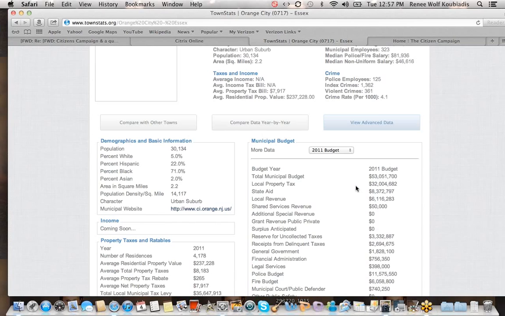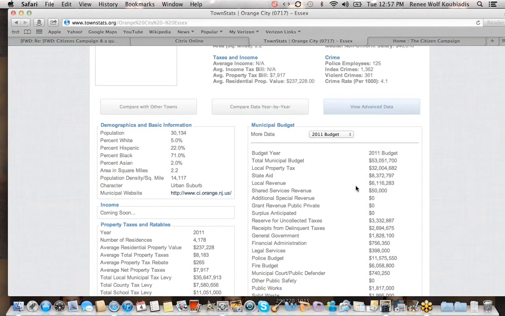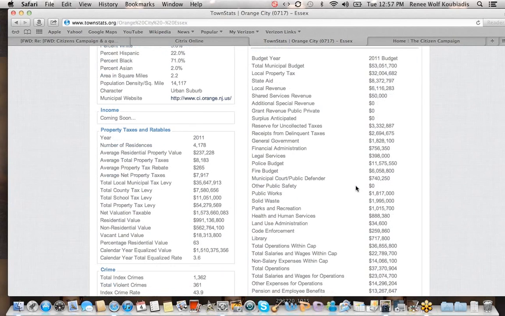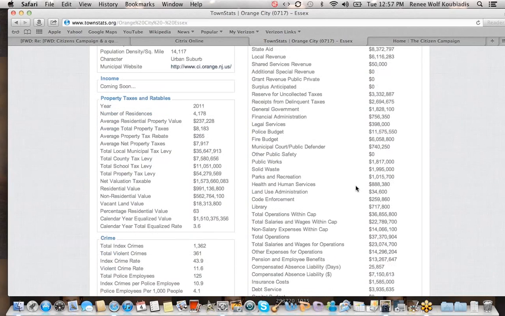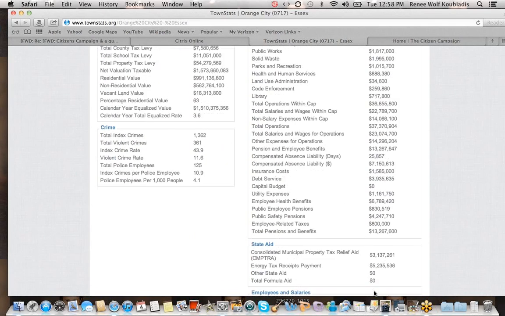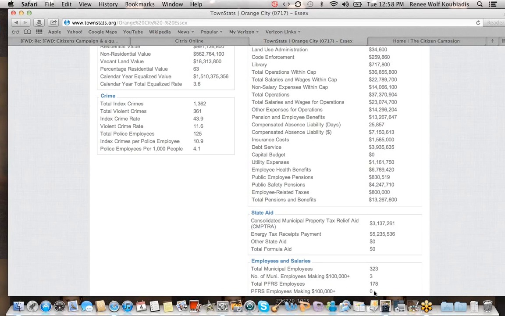And if you look here, we have compiled the 2011 Orange budget into specific categories, and you do have reports from the DCA on property taxes and ratables, and you do have the most recent crime reports as well, plus state aid. So there is data available.